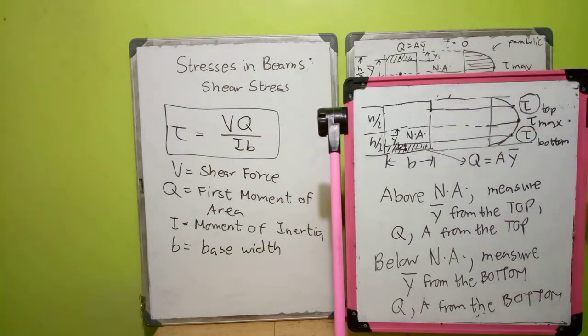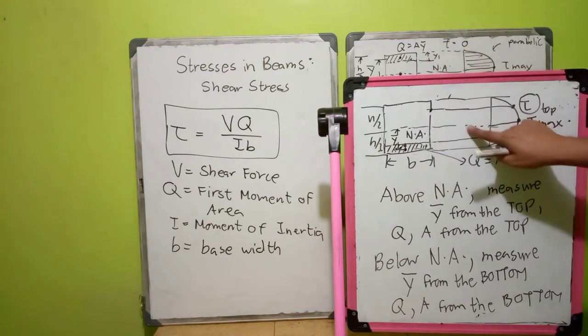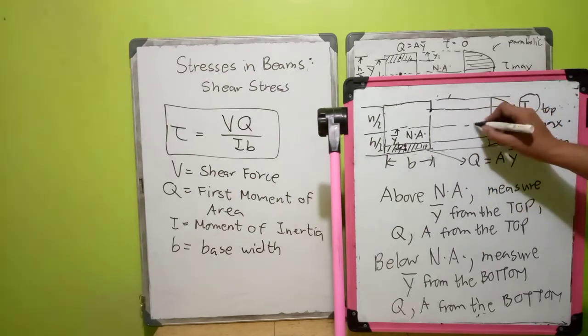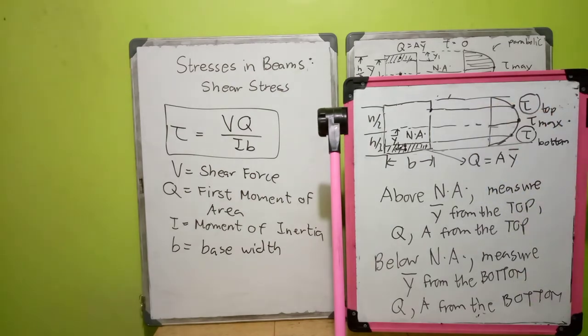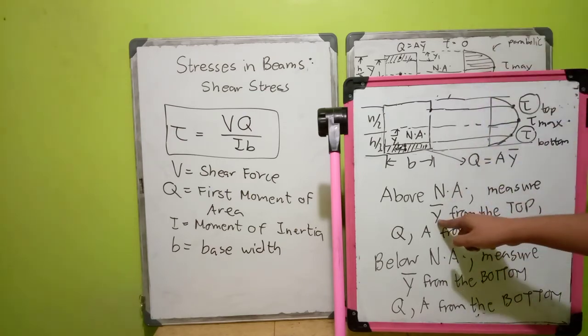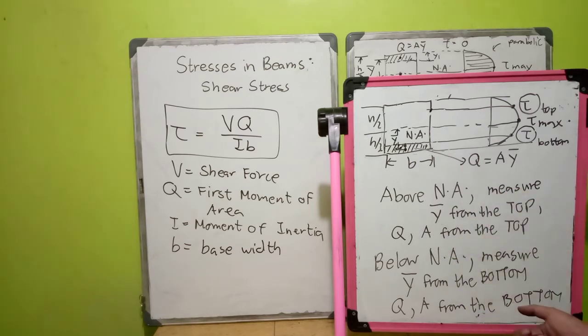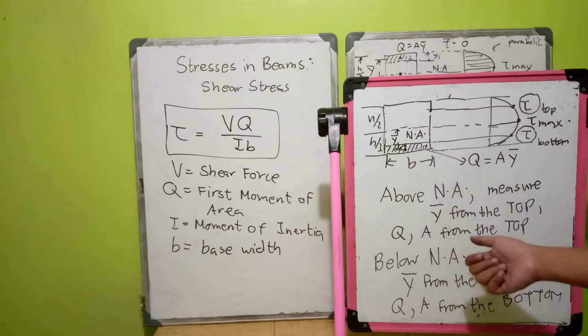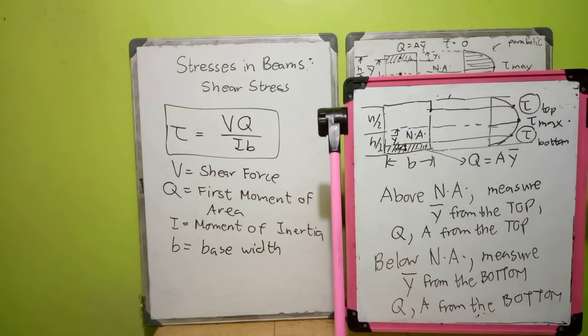So that is it, okay? That is how you compute your first moment of area. If it is located at the top, above the neutral axis, measure your Y bar from the top. And then your Q and A should be located also at the top.